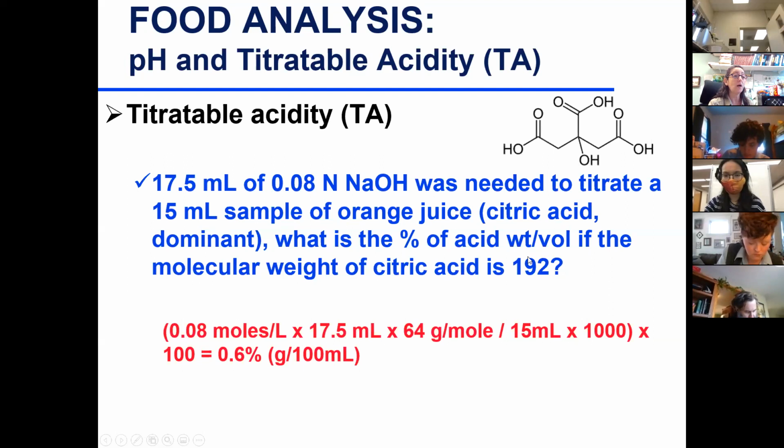And then here you have 192 molecular weight, so you divide by 3 because you have 3 carboxyl groups, and you get the equivalent weight of 64 grams per mole. And then the sample is 15 milliliters, times 100 to give you 0.6%, which in this case is grams per 100 ml.